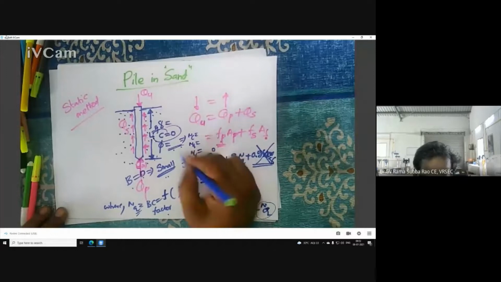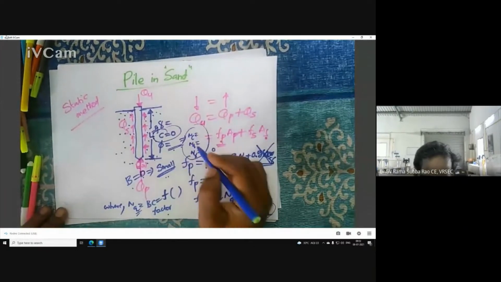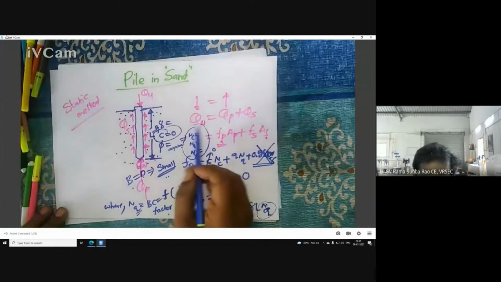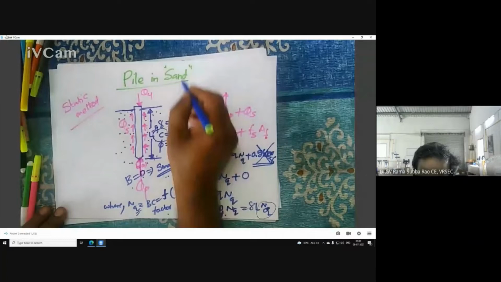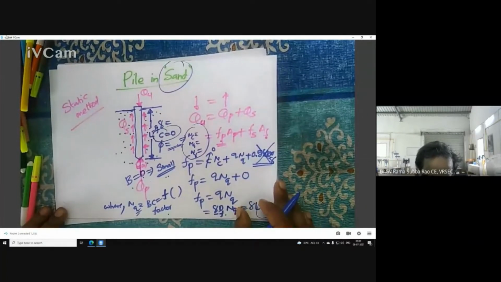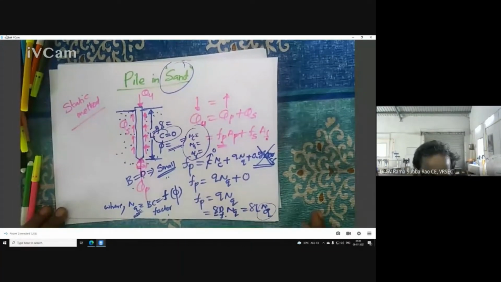Remember, they will give these to you; if they don't, I will support you. Okay, Nc except for phi 0, but here the discussion is C equals 0. So we are discussing pile in sand. Hope you understood now. Are you there? So Nq depends on the phi value.